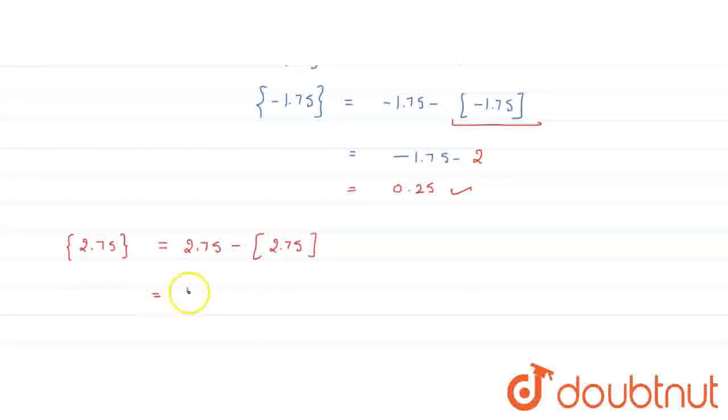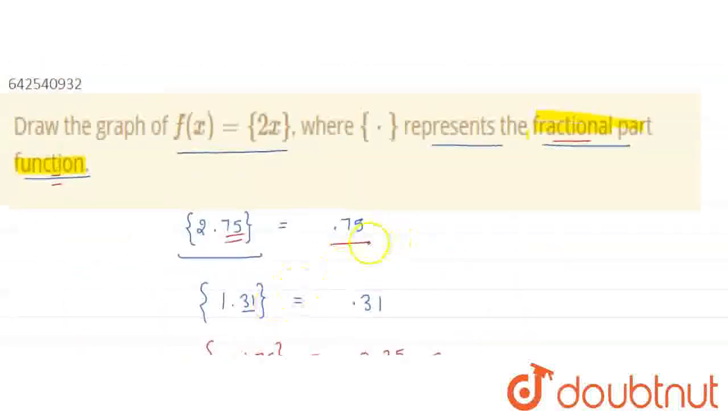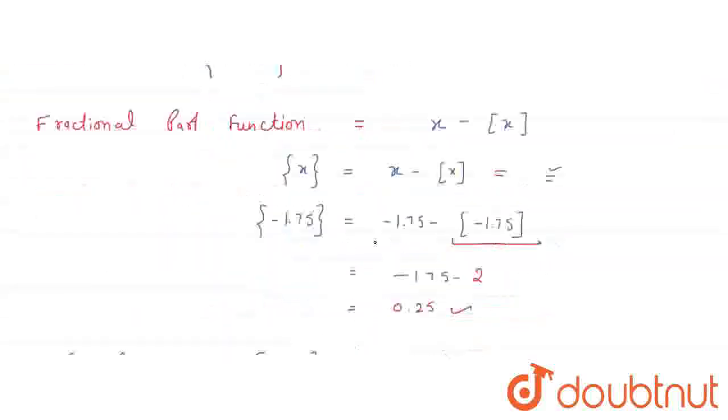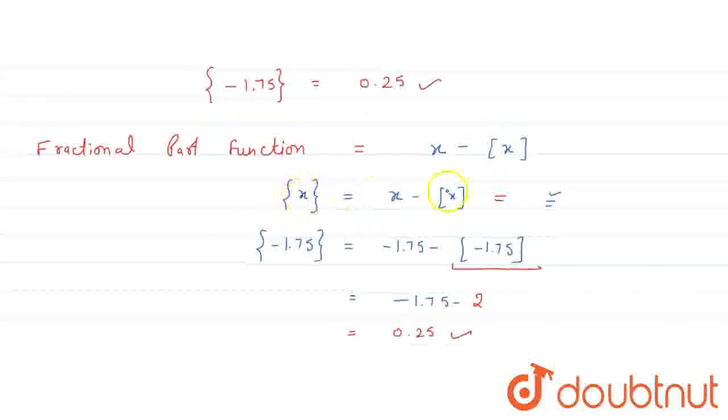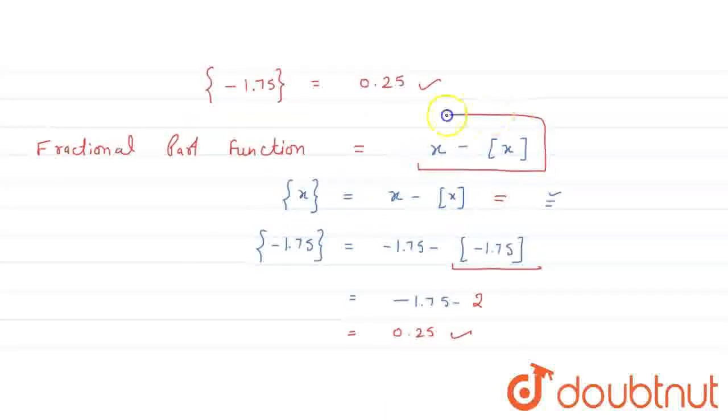This function returns the value 2. So if we simplify we get 0.75. Now you can check both the values. Both are equal. So the fractional part function is nothing but this function.